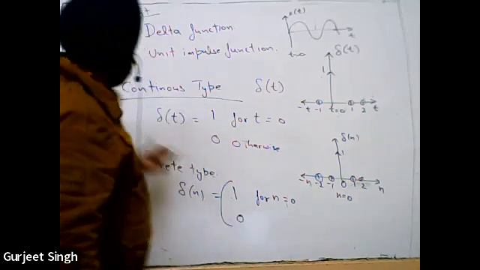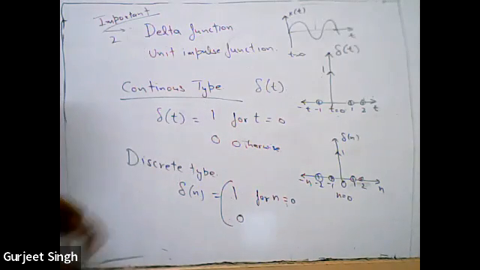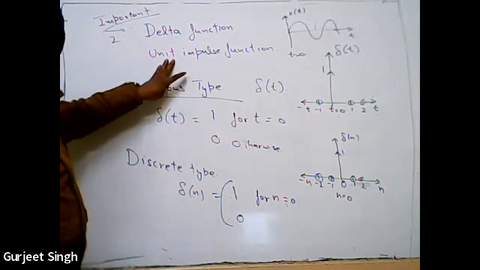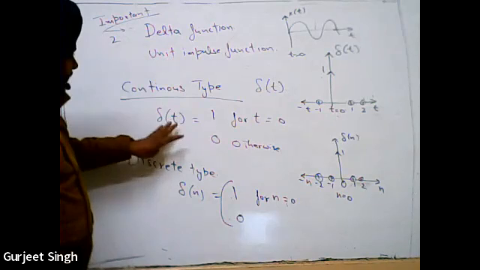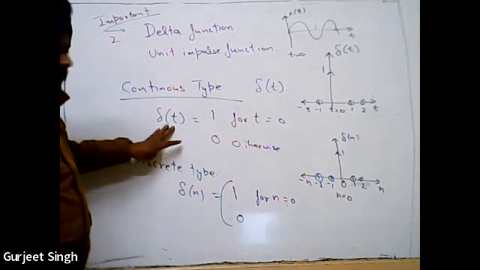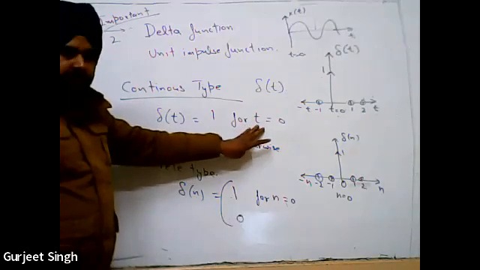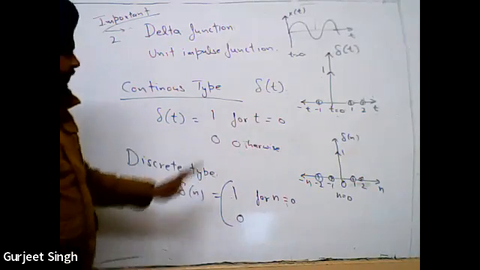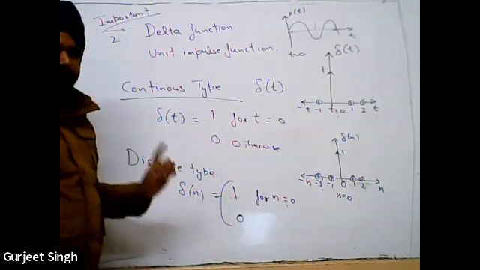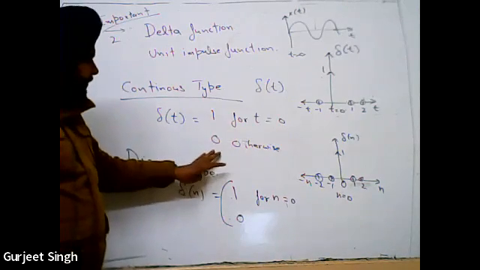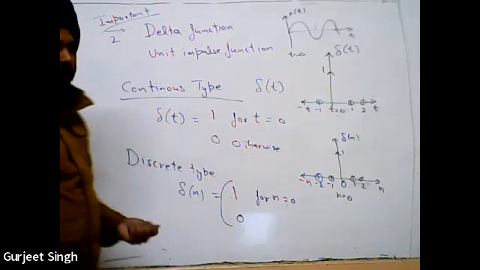So this is about the delta function. Delta function is also called the unit impulse function. It is represented by delta(t) in the continuous type. Its value is 1 for t equal to 0, means at only the single point t equal to 0 its value is 1, and its value is 0 otherwise.